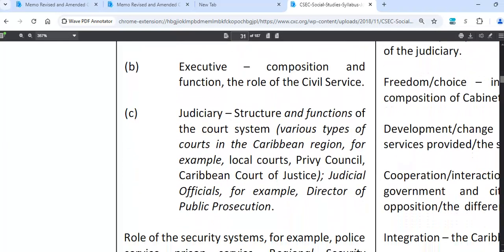Now, we're going to go down to the judiciary branch of government. What are the structure and functions of the judiciary branch of government? So the legislature makes the laws, the executive makes the policies, and the judiciary enforces the laws of the country.